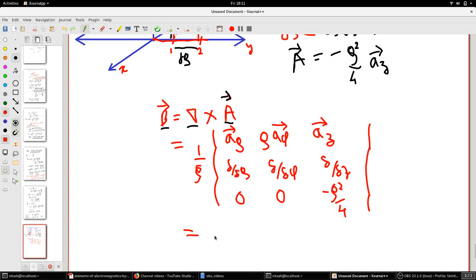When you solve this determinant, you get this term multiplied by the partial derivative.